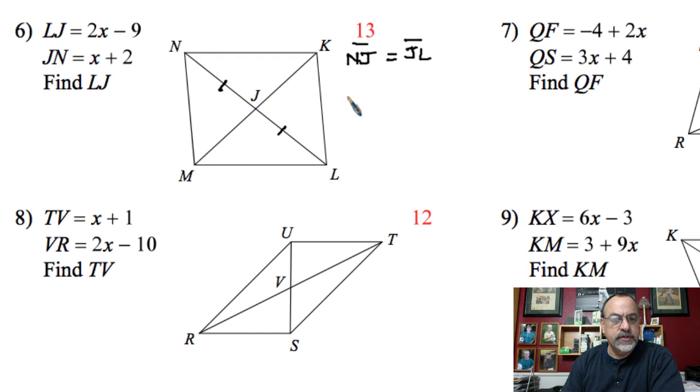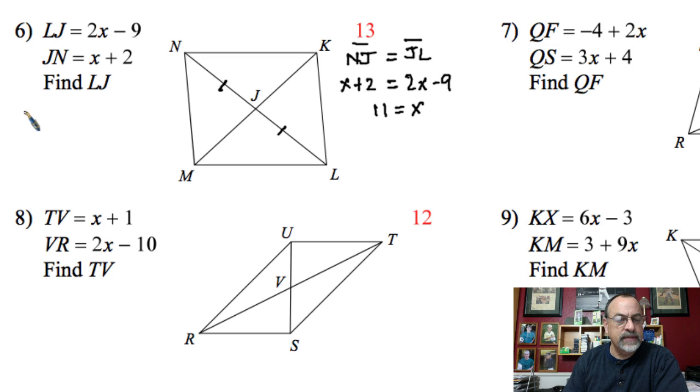So then we can substitute these values in. JN is x plus 2, and LJ is 2x minus 9. So solving for x, x would be equal to 11. So now that we have x solved for, I need to figure out the length of LJ. LJ is 2 times x minus 9.